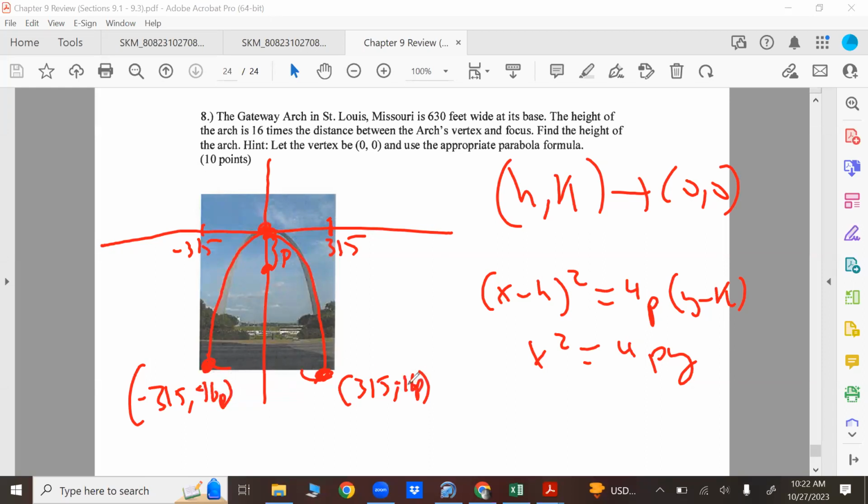Actually, the p is going to be negative as it is because it's going down, so let's just make it 16p to make the math cleaner. So I'm going to plug in 315 for x, or negative 315, your choice, and 4p times 16p for the rest. And now you're going to solve for p.